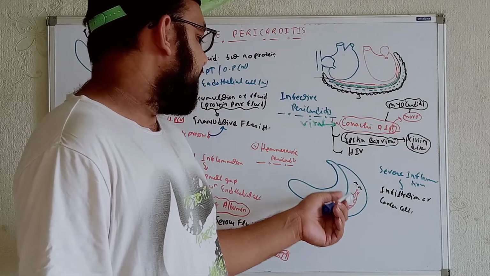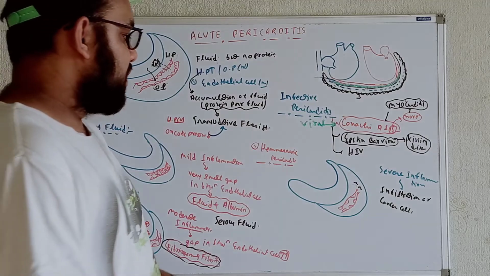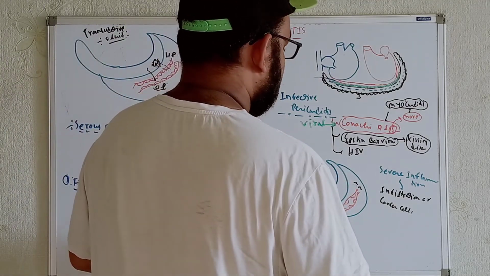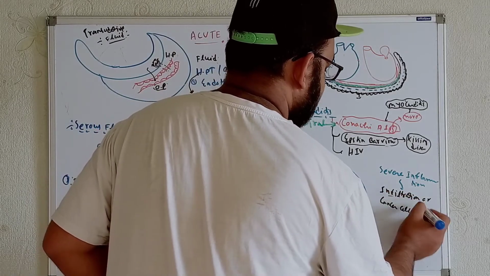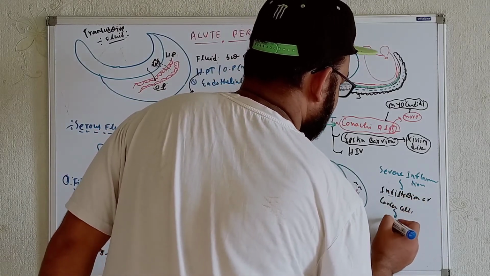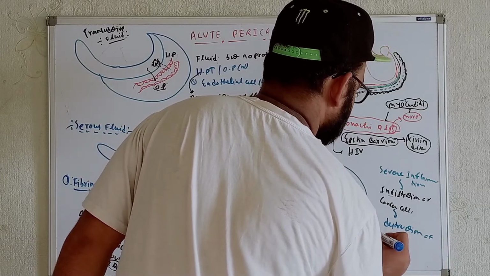Whenever the blood is getting accumulated, that's why it is known as hemorrhagic pericarditis. Okay. So if we get the severe inflammations or the severe injury within the pericardium, for example the infiltrations of the cancer cells, ultimately we will get the destructions of microcirculation.